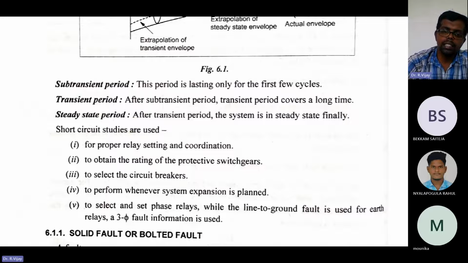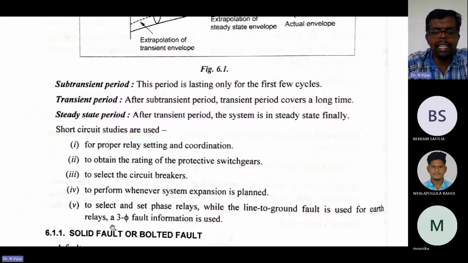Some new area is coming at the 12th kilometer, and suddenly some fault is happening there. So what protective equipment is to be installed there? How many distribution transformers are to be installed there? Everything will be analyzed once you do the short circuit studies. So expansion also will be possible.